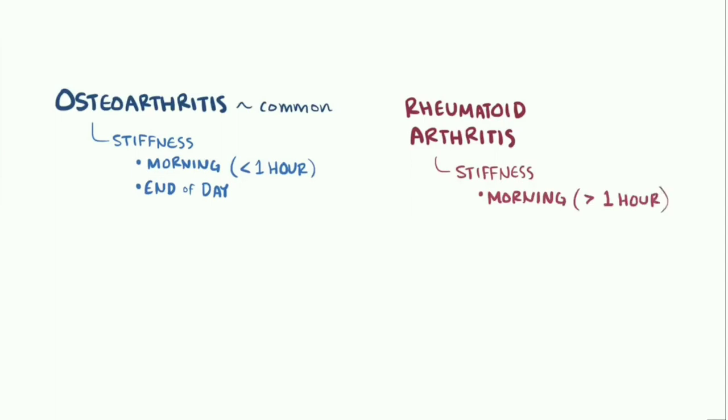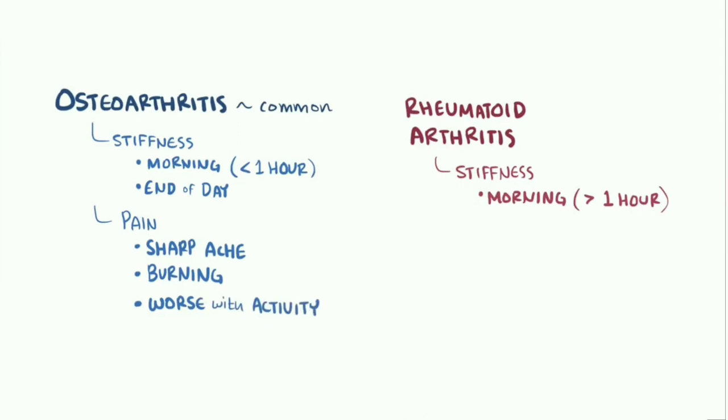The pain in osteoarthritis is a sharp ache or burning sensation, which also gets worse with prolonged activity. Usually the joint doesn't swell, while rheumatoid arthritis typically involves painful swelling.